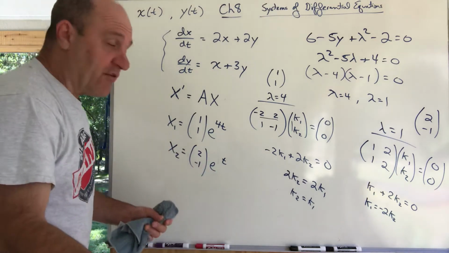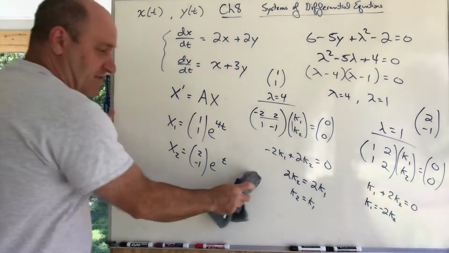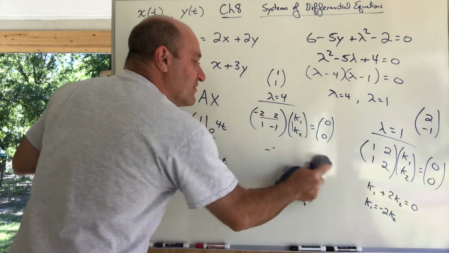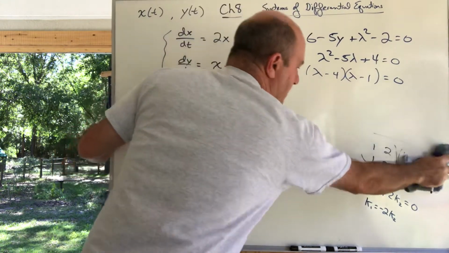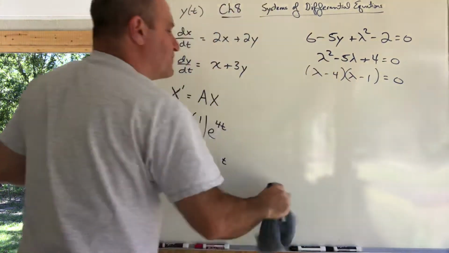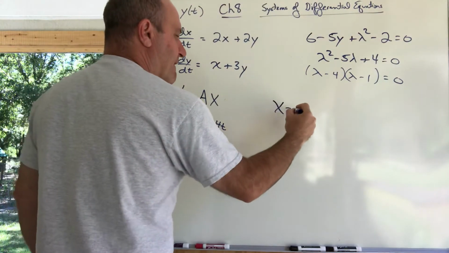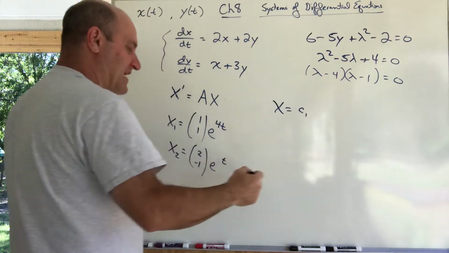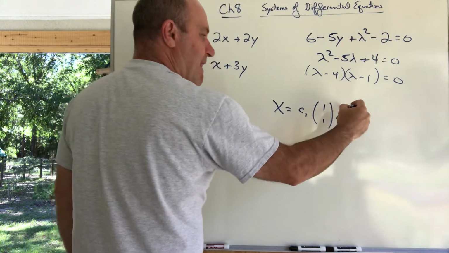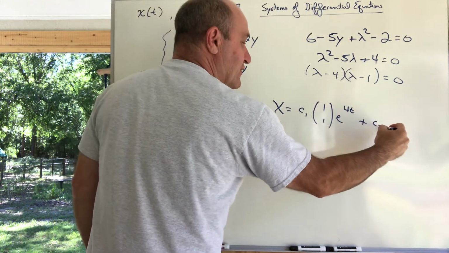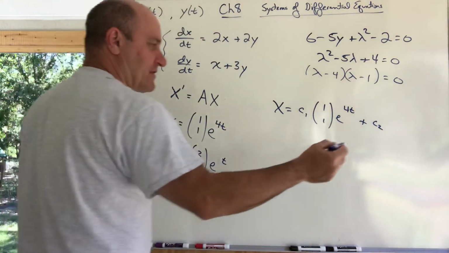So what's the general solution, x? Okay, I'm getting rid of this stuff. The general solution, x, is c1 times x1 and c2 times x2.